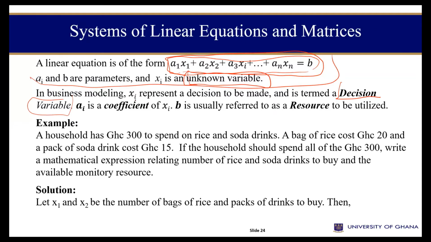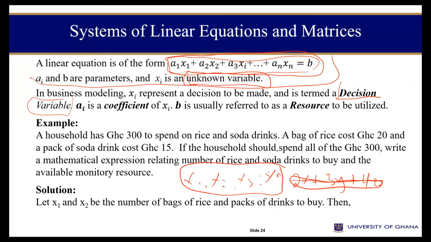Then we are looking at X1, X2, X3. Somebody will ask, why are we not writing 2x plus 3y plus 4z? If you have so many decision variables, from z you have to go to a, and that will be too much of a burden to write. So instead of writing 2x, 3y, 4z, we are going to name them X1, X2, X3, all the way to Xn respectively.